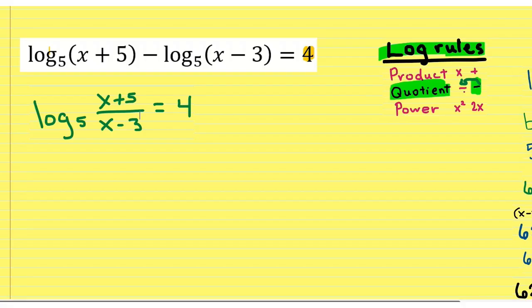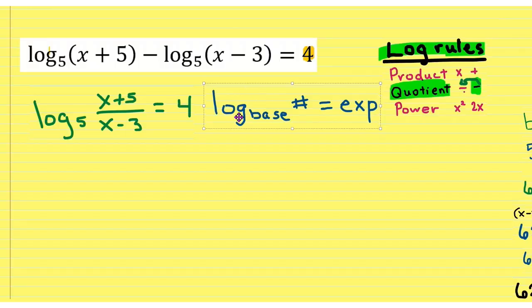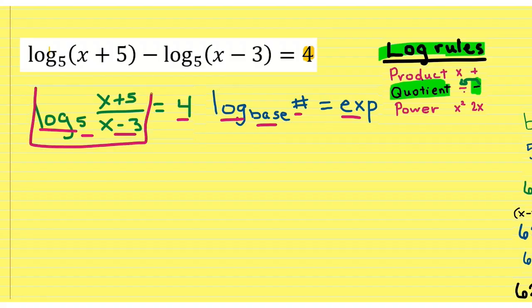Okay, so let's think back and what does it look like? Does it look like the log form? It's like we have a log to a base of an argument is equal to an exponent. Log of base of an expression or argument is equal to an exponent. So this means that this right here, this is the log, and it is equal to the exponent.